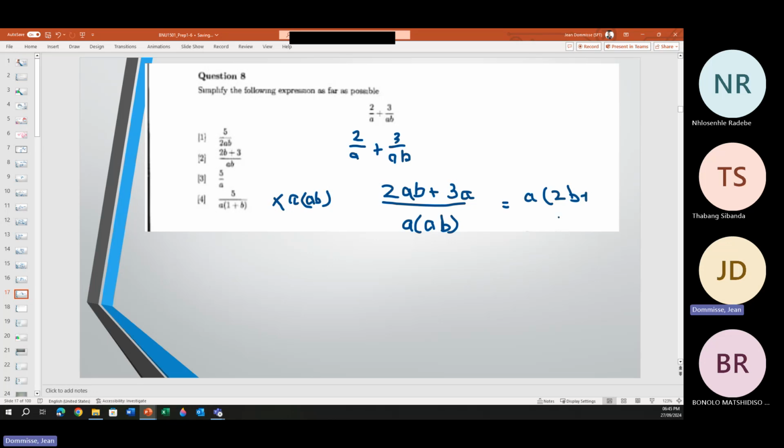And what's left is 3 over AB, and then one can nearly say, well, that and that cancels out. So it's 2B plus 3 over AB. So let's check if there is an answer like that. But really, this is, I would, yeah, so let's, okay, so no, there's not one that's 5. 2B plus 3 over AB.